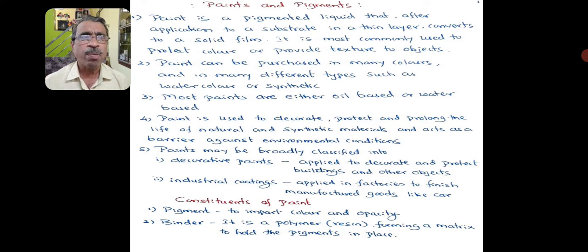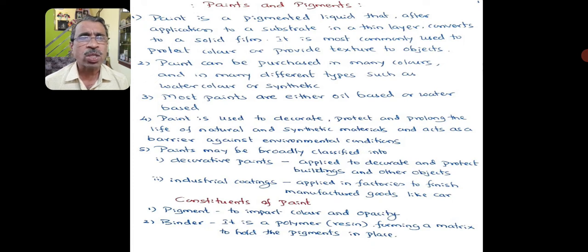against environmental conditions. Paints may be broadly classified into decorative paints and industrial paints. Decorative paints are applied to decorate and protect buildings and other objects.